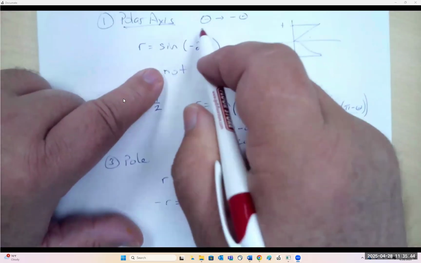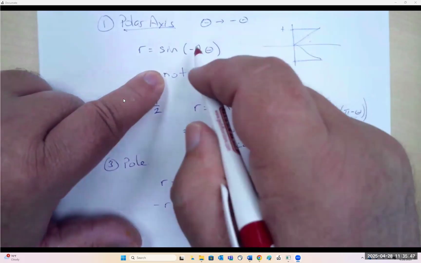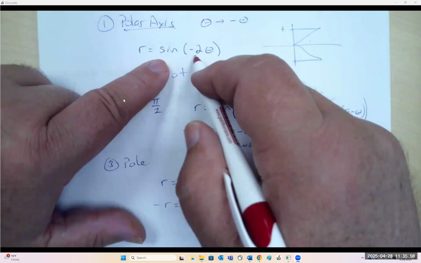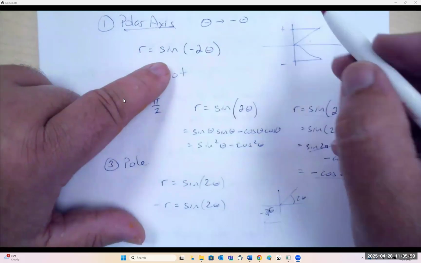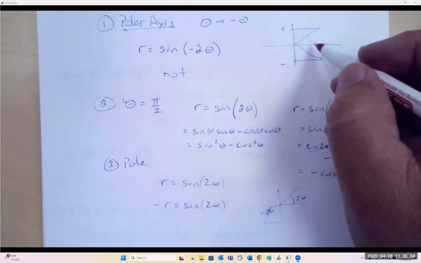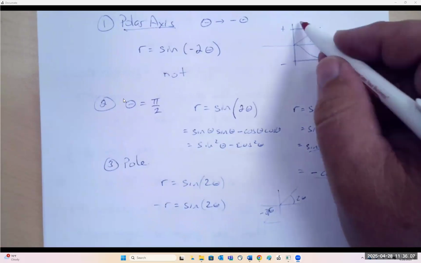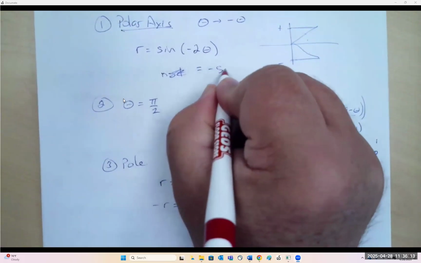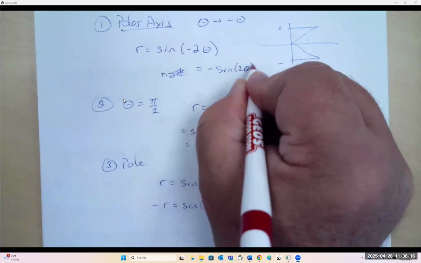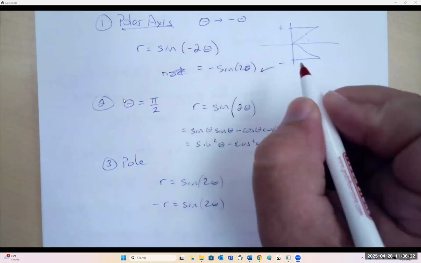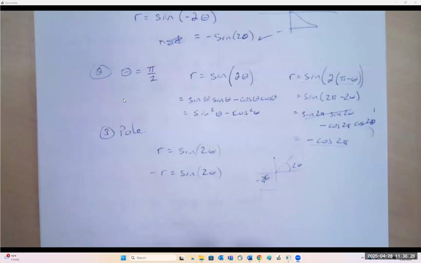If I have r equals sine 2 theta and we make the angle negative, sine is an odd function, so it gives the opposite. Okay, that one will work, because if I do that, then I get negative sine 2 theta. So if I get a negative from the angle, I make r negative, and I get the same. So that one works. It's symmetric about that one.